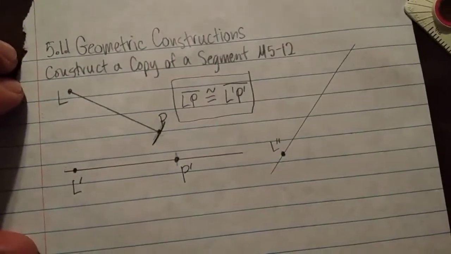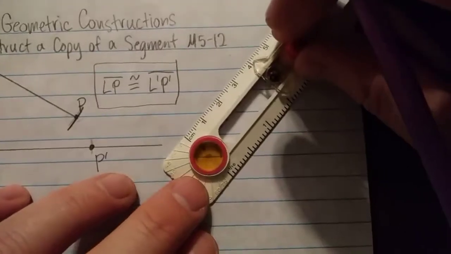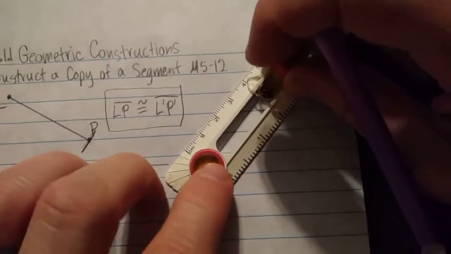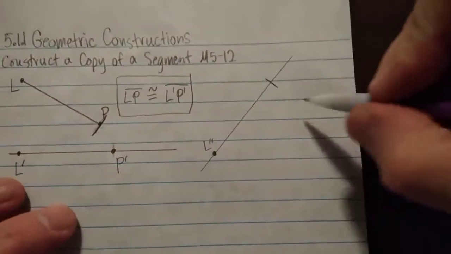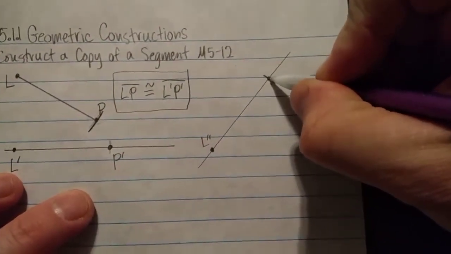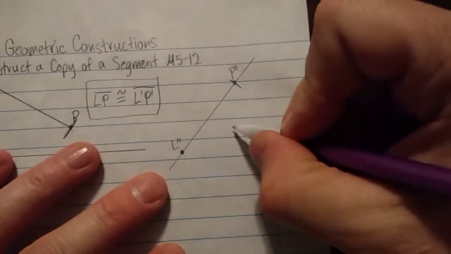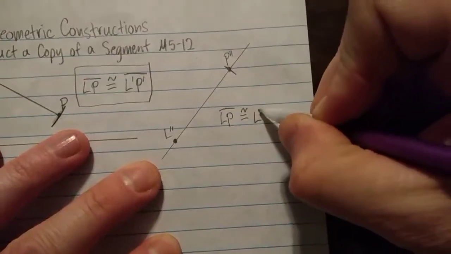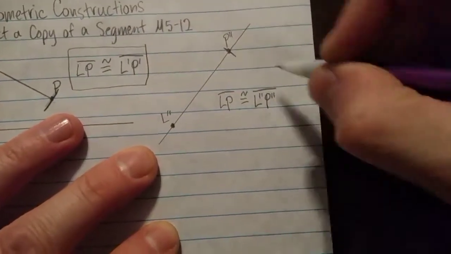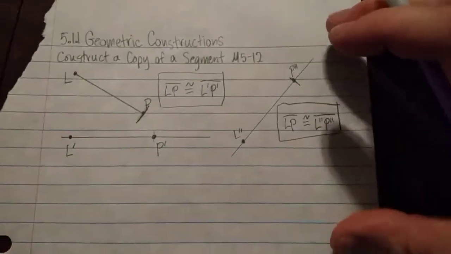You can see it goes right through P. And then put the center of rotation on L double prime, and then make an arc on the line segment and label that point P double prime. And again, my segment would be segment LP is congruent to segment L double prime P double prime. And that's your first construction.